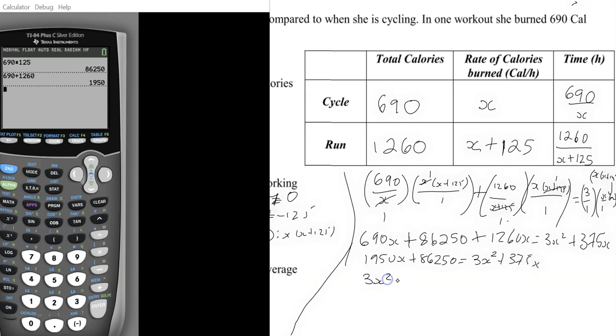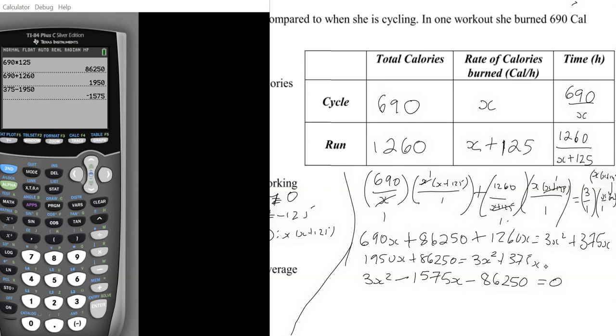Okay, so we've got 375 minus the 1950, so we bring that down: 3x squared minus 1575x minus 86,250 equals 0.